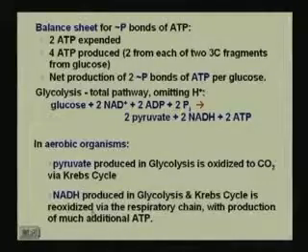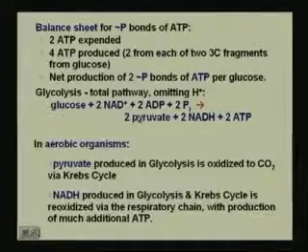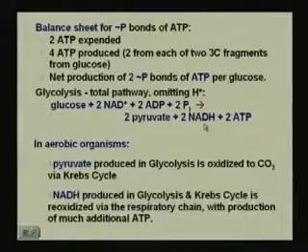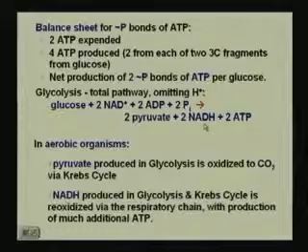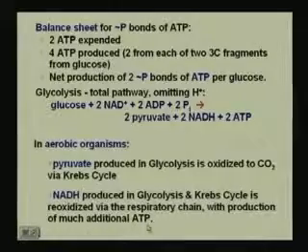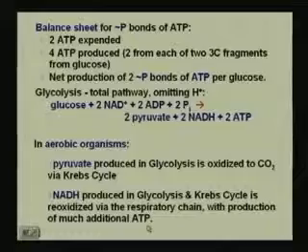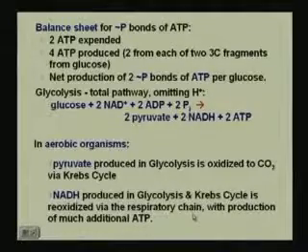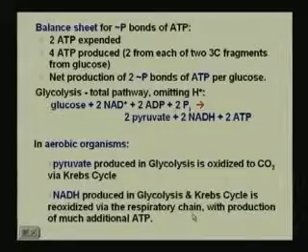Means you have to get back NAD plus. Okay, because you need NAD plus for the glycolysis, and now it's already NADH. The only way you can get it back is via the respiratory chain. That's the oxidative phosphorylation which we studied, with production of a lot of additional ATP, which we studied with the proton pump. Okay, there you saw there was mainly FADH and NADH that was used there, right?